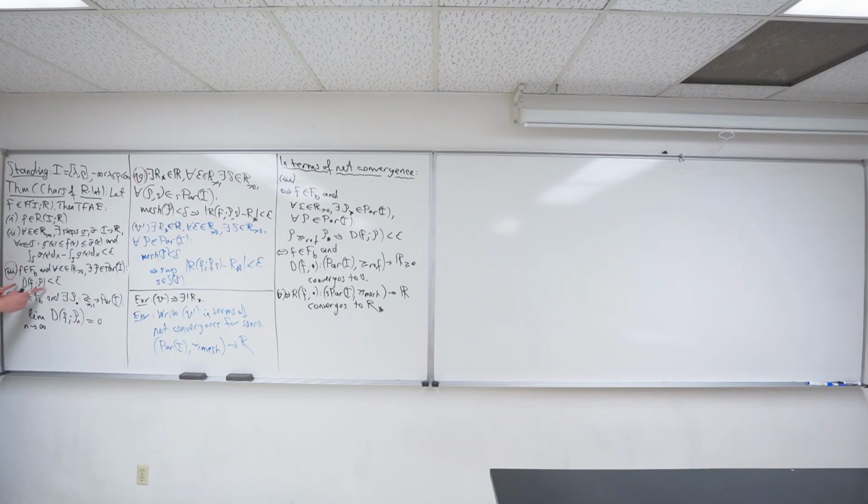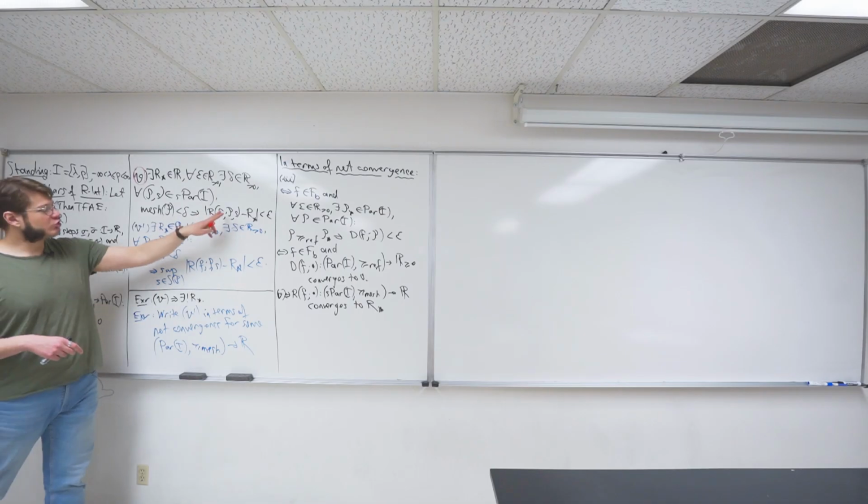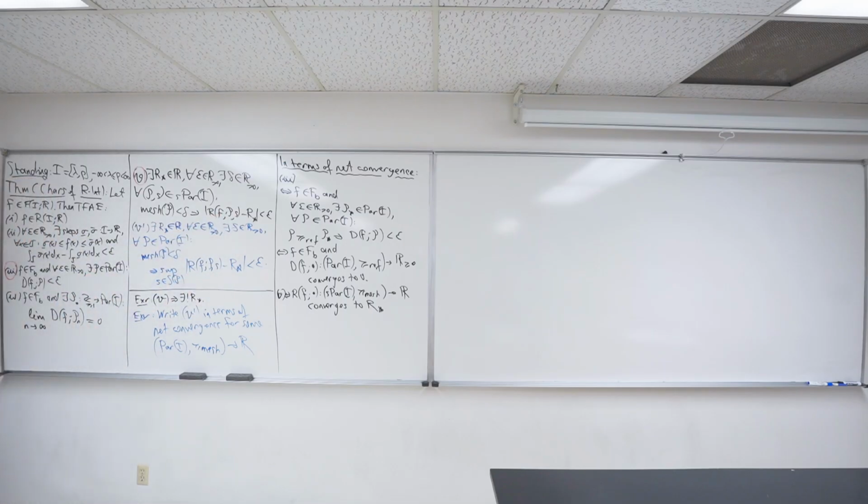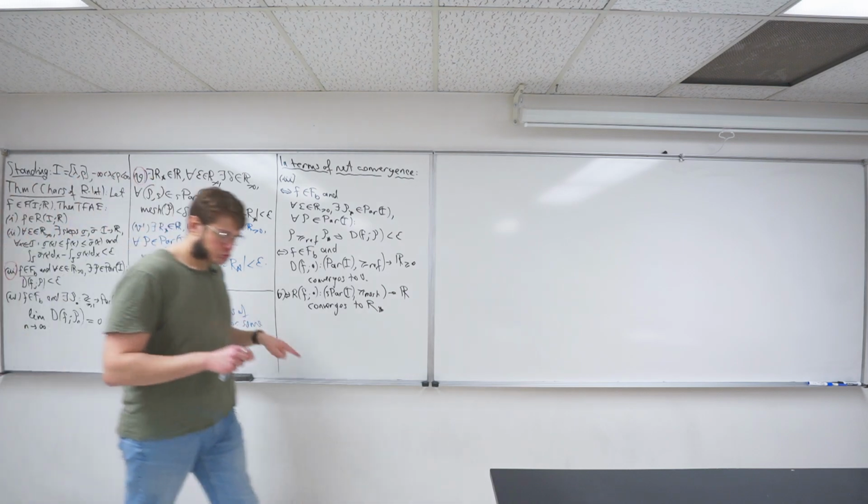Namely, we were able to upper bound the Darboux aperture of some arbitrary partition in terms of these distances over here. And then based on that, we did some epsilon delta to get the bound we want. What we also need to do at this stage is show that, in fact, f is bounded. I forgot that last time. So the proof of 5 implies 3 is still not complete. We should do that.